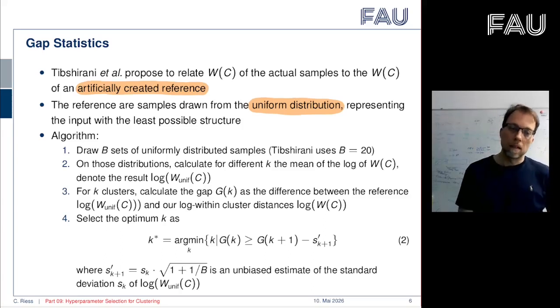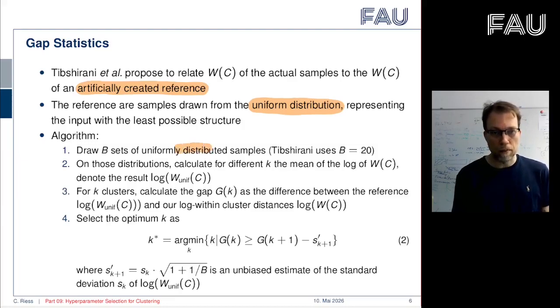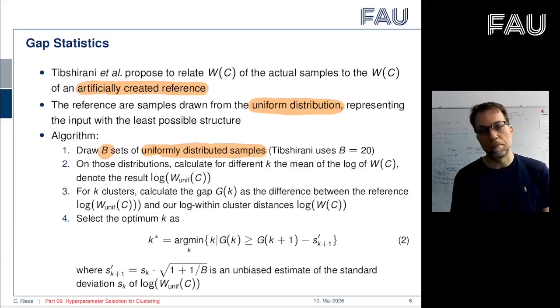So let's have a look at the algorithm really quickly and then we can discuss it a bit more. So first step, let's draw some uniformly distributed samples. And just for statistical robustness, not just one set, but let's take B sets, 20. In Tibshirani's work, it's 20 of such data sets.